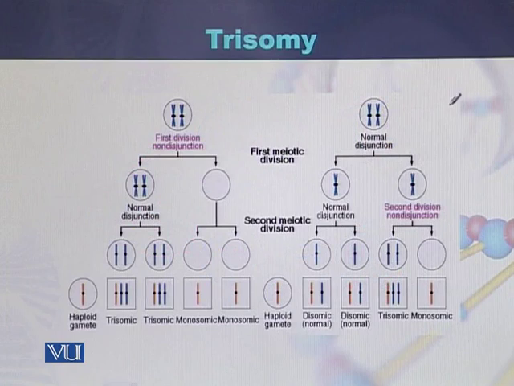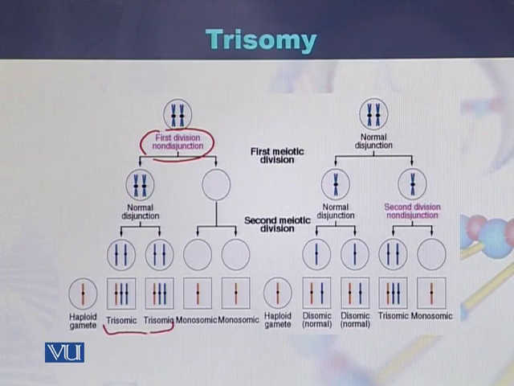Trisomy can be formed due to non-disjunction either in the first meiotic division, like here. In this case, there is first meiotic division and non-disjunction. As a result of non-disjunction, we can see that trisomic cells will be produced.